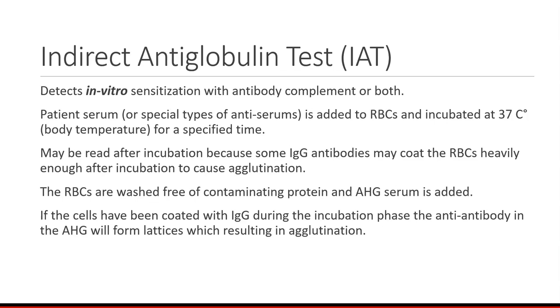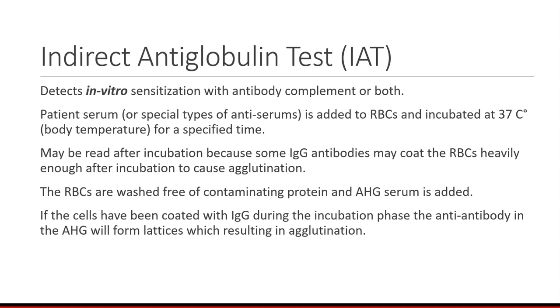Sometimes these tubes are read after incubation because some IgG antibodies may coat the red cells heavily enough after incubation to cause agglutination. How many times have I seen this occur in my lifetime? Very, very few. Probably I can count on the fingers of one hand. So usually these are not read after the 37 incubation.